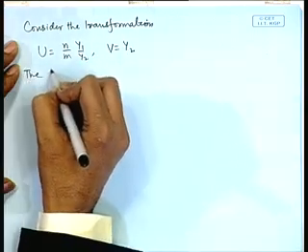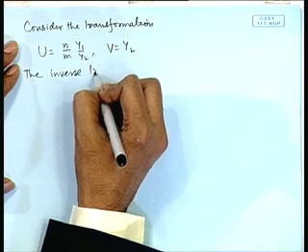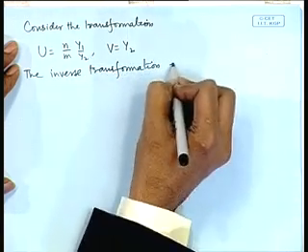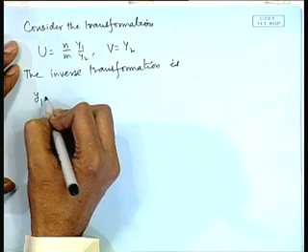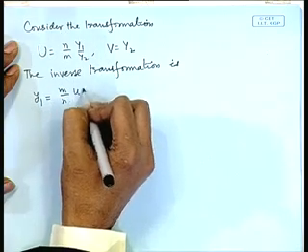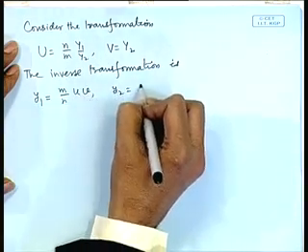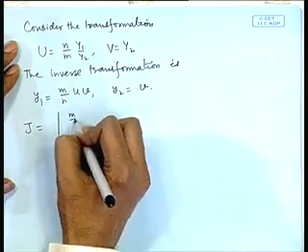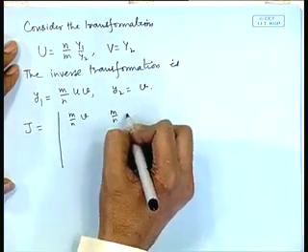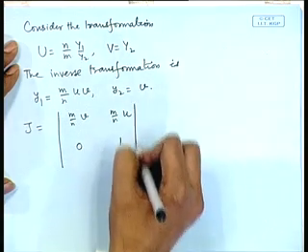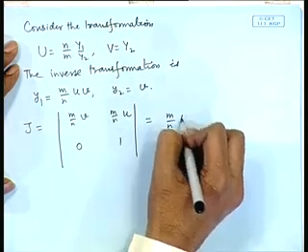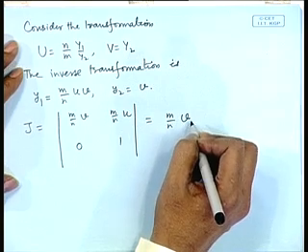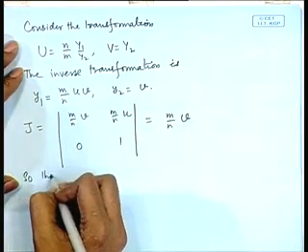So, the inverse transformation is y1 is equal to m by n uv, y2 is equal to v. The Jacobian of the transformation can be calculated as the determinant with rows m by n v, m by n u and 0, 1, which is basically m by n v, and since the terms are positive, the absolute value of J will also be the same.